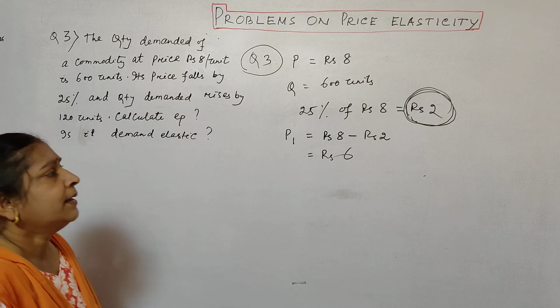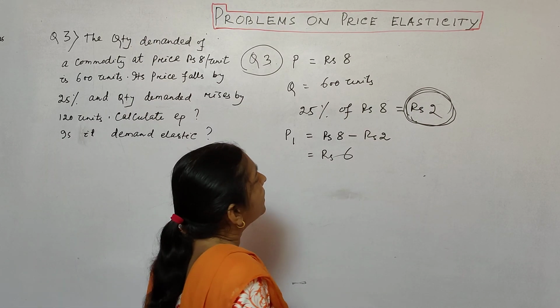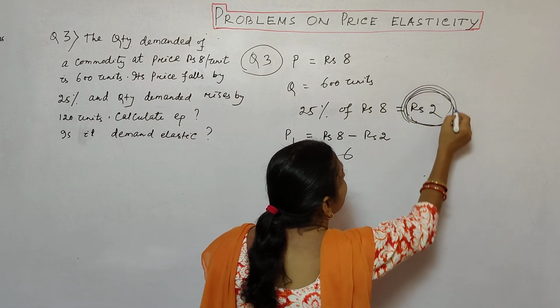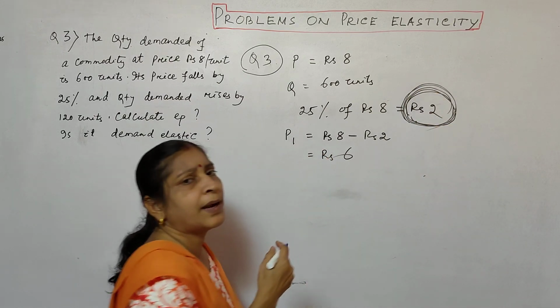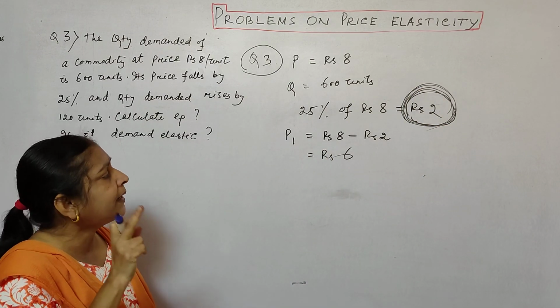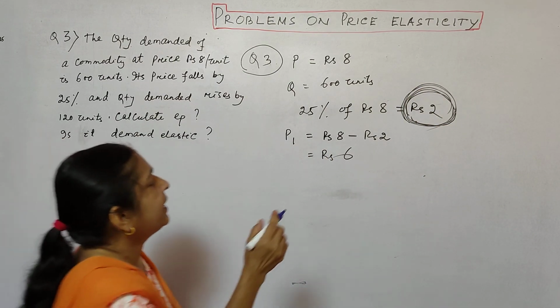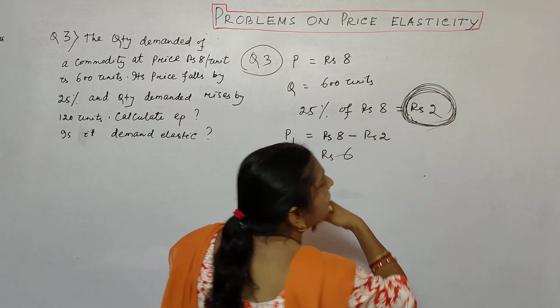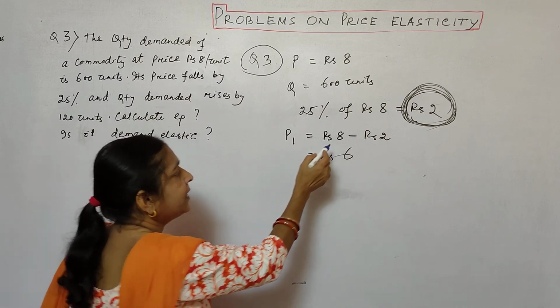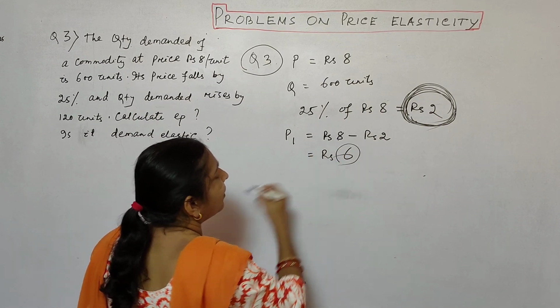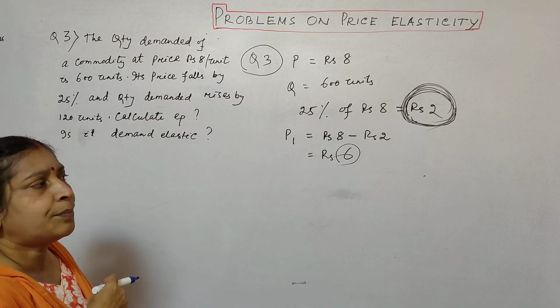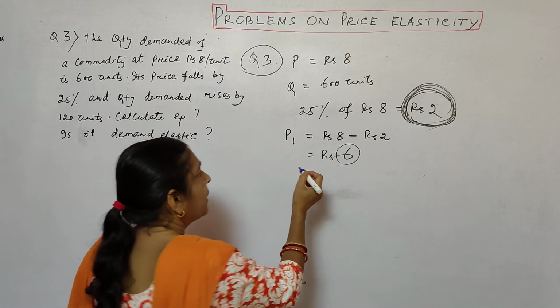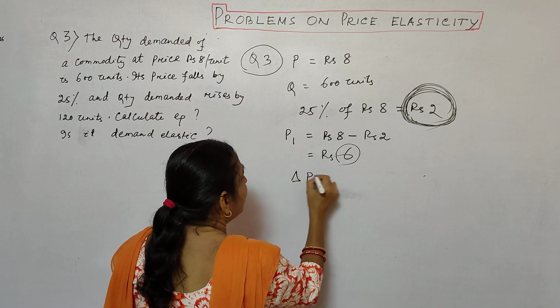Price falls by. You have to remember, price falls by means this is the changing price. This is our delta P itself. When we deduct this falling amount from the initial price, we get our final price. What is the value of delta P?